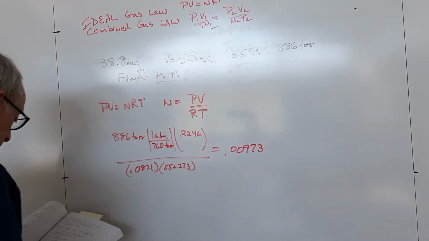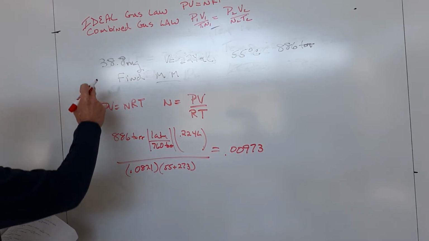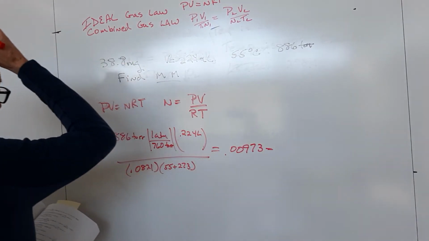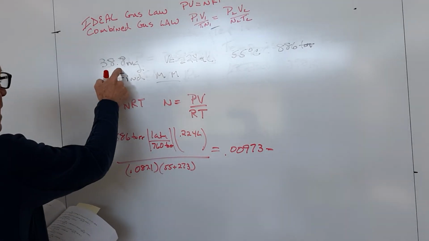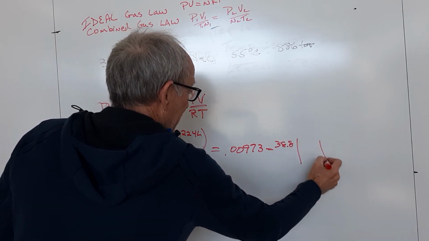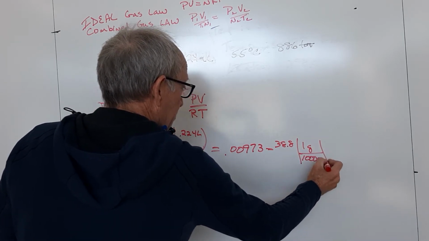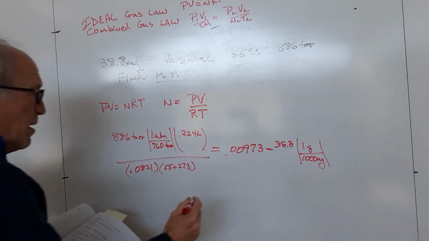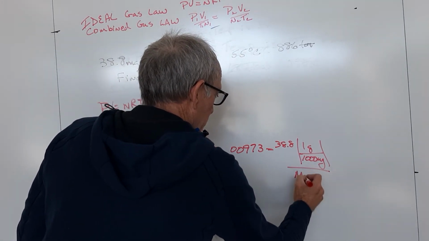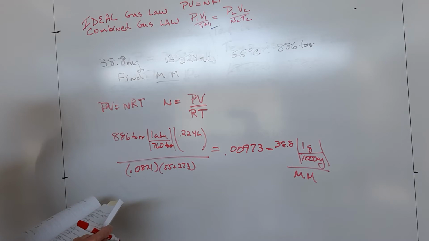0.00973, now I take 0.00973, yeah, and I've got to change 30, that's going to be equal to my mass over moles, 38.8 milligrams, but now I've got to say 1 gram equals 1,000 milligrams, divided by the molar mass, and what I get is 3.99.